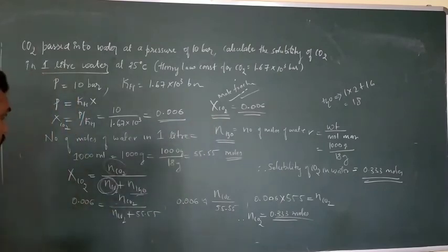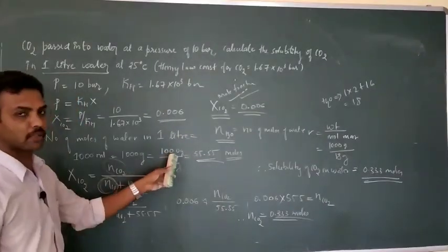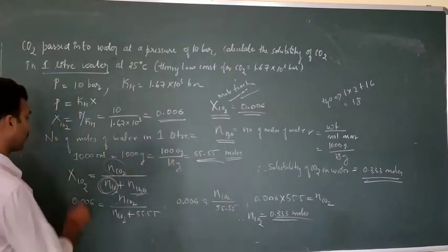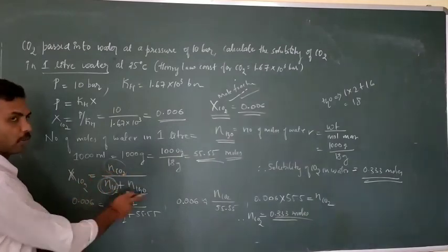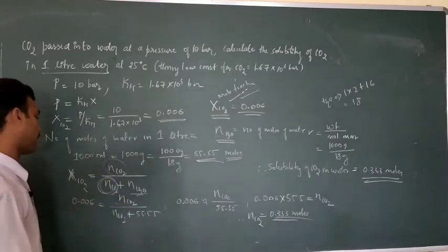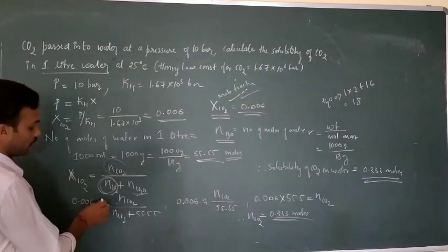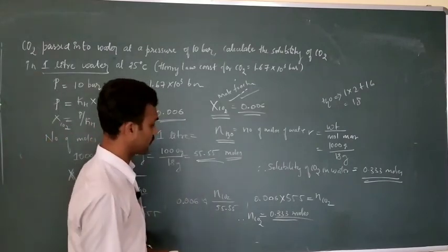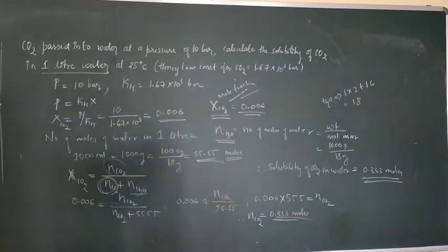And the number of moles of water per liter is 55.55, because 1000 gram of water divided by the molecular mass of water, 18 gram. X carbon dioxide is the number of moles of carbon dioxide divided by the number of moles of carbon dioxide plus the number of moles of water, so you have to add them together. Here the denominator value can be removed, so 0.006 is nearly equal to the number of moles of carbon dioxide divided by 55.55.